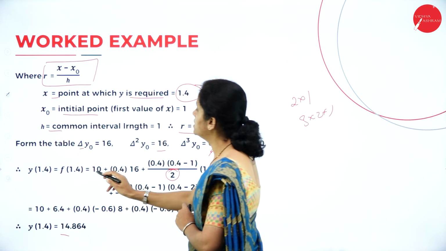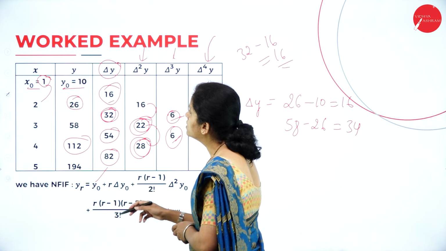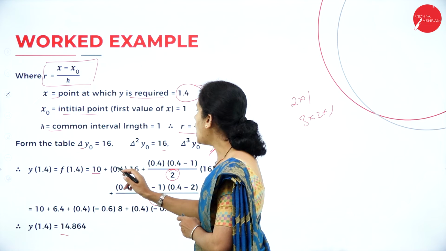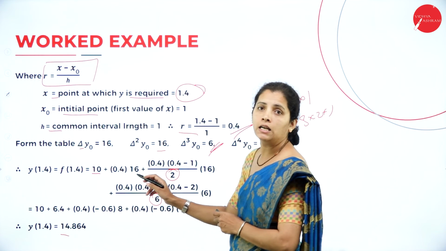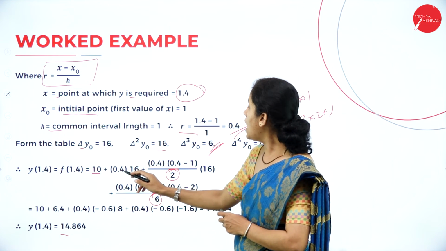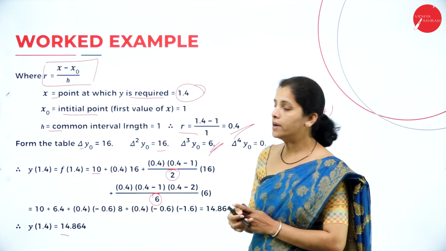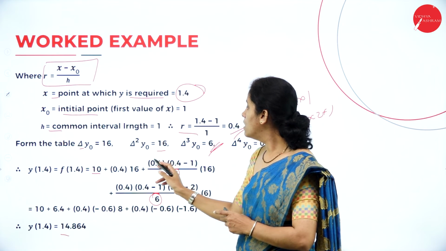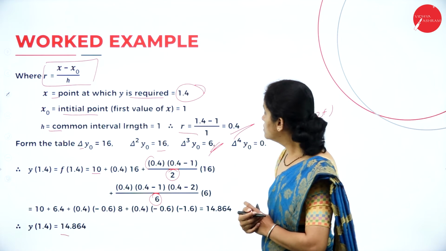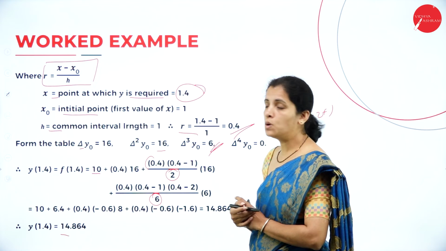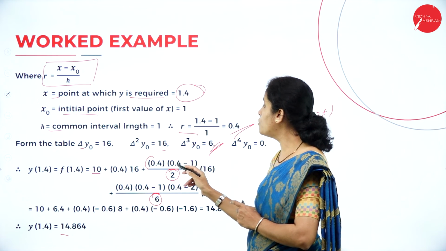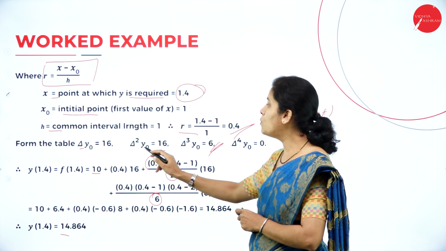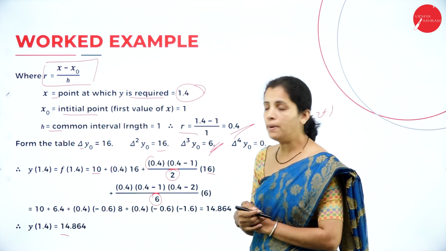So here see y naught. So y naught is 10 plus r into delta y naught. r is how much? It is 0.4 into 16 plus 0.4 into r minus 1, so 0.4 into minus 0.6, divided by 2, and delta square y naught, it is 16 plus.